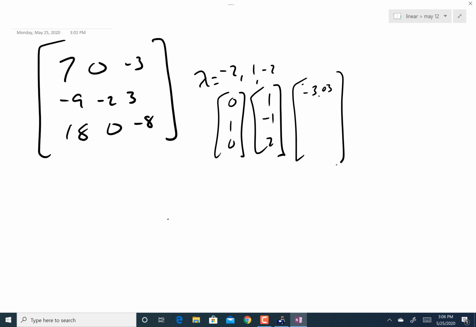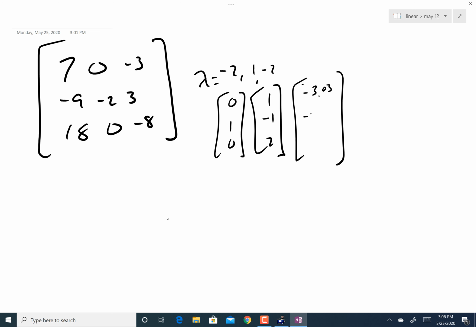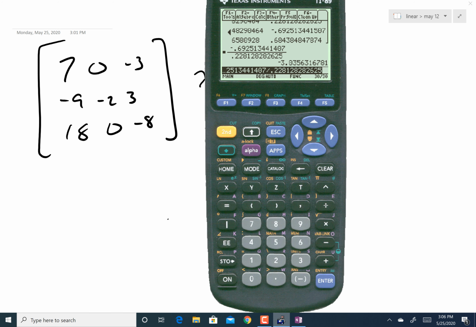Now, I know going in, it should have been negative 3.03-ish here. This should be 1. And then if you look at it, the bottom one should be 0.6968, which is basically 3.